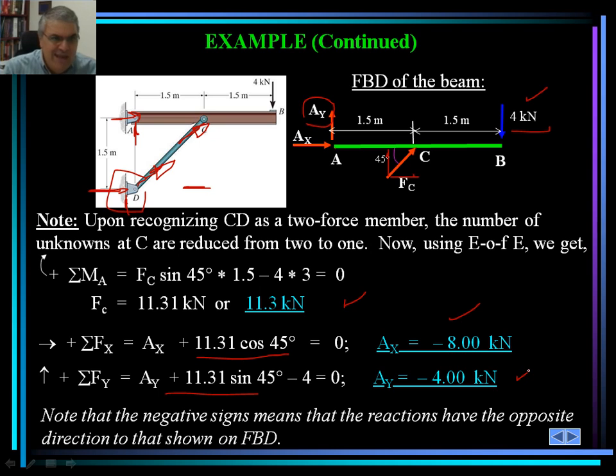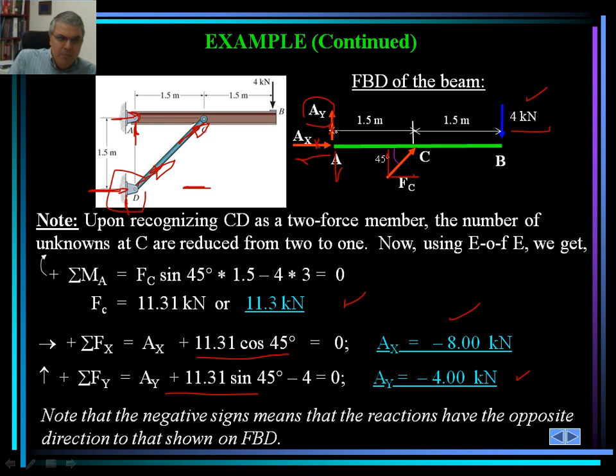Now we have two negative answers. Remember, originally we assumed this is upward and this is to the left. It actually turns out that this should be downward and this is to the left. So the original assumption we made for the direction of the forces turned out to be not correct.